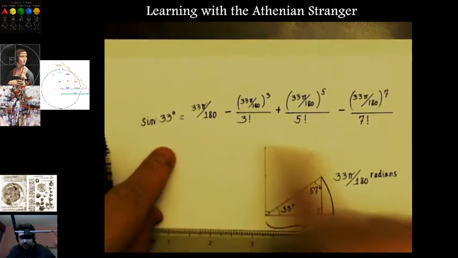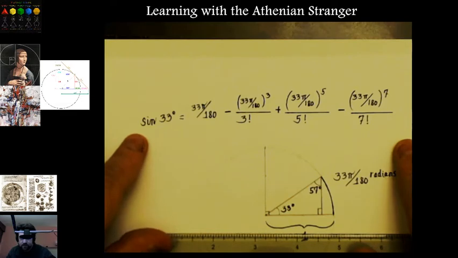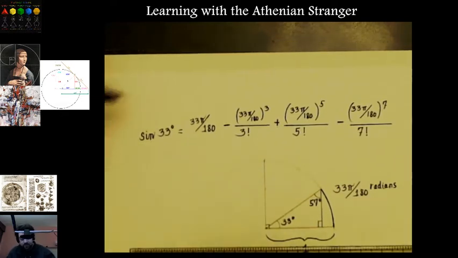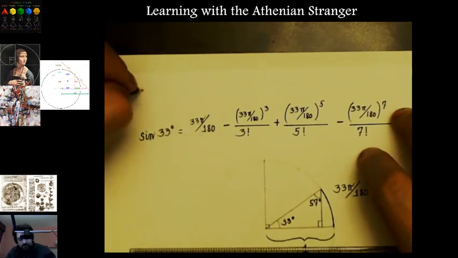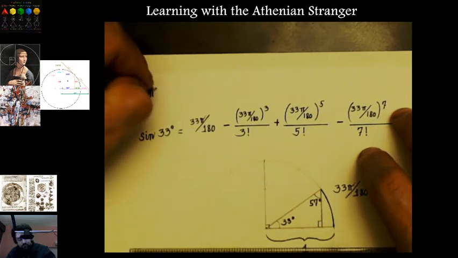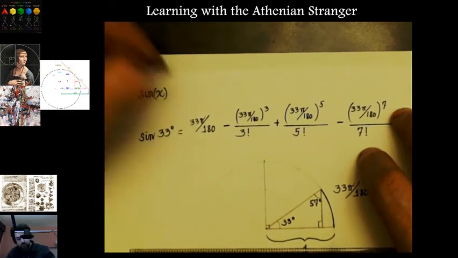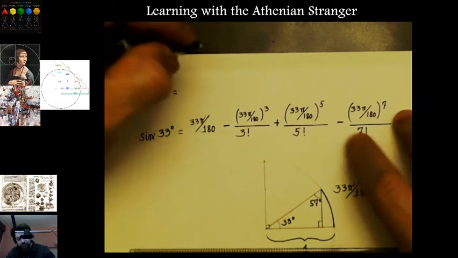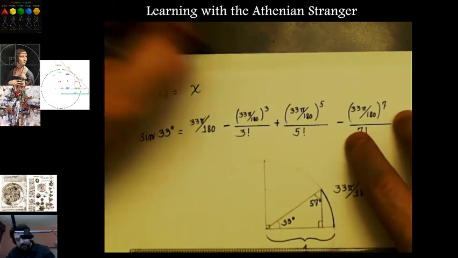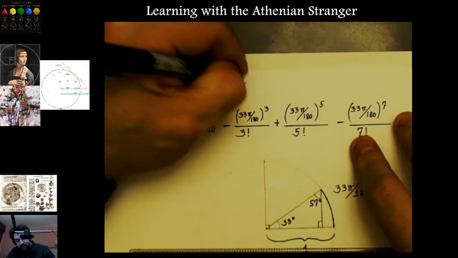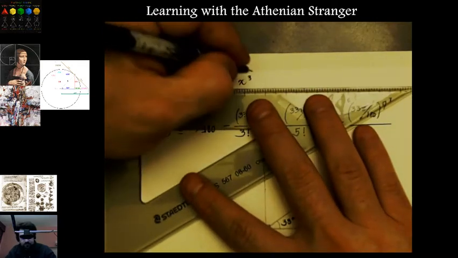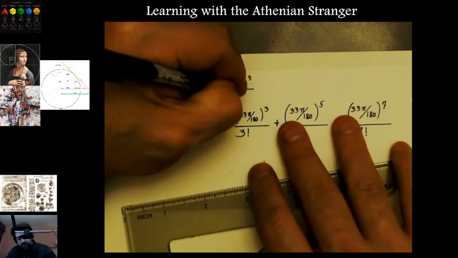And the reason that this is the equation for the sine of 33 degrees is because of the Taylor series we're using. The sine of x is equal to x in radians minus x cubed over 3 factorial.